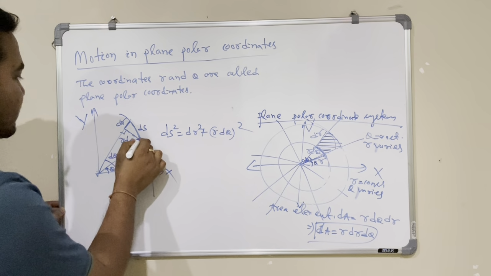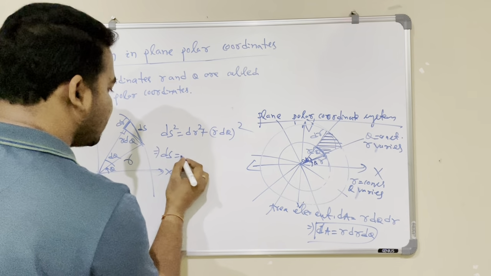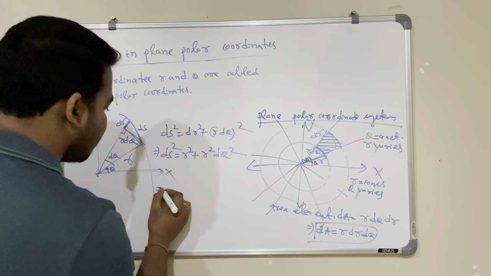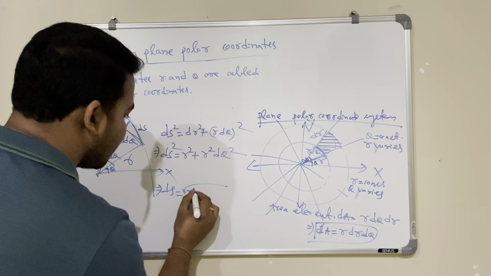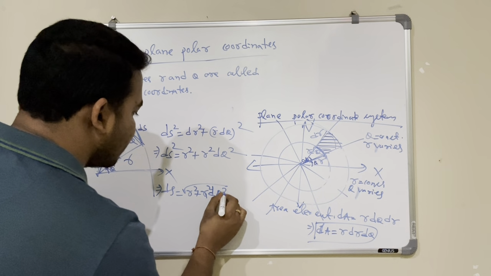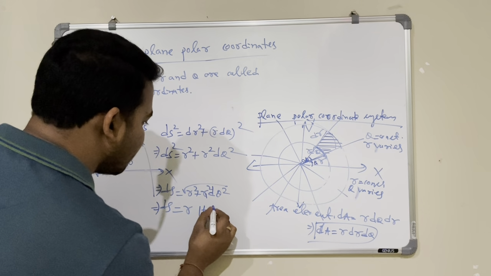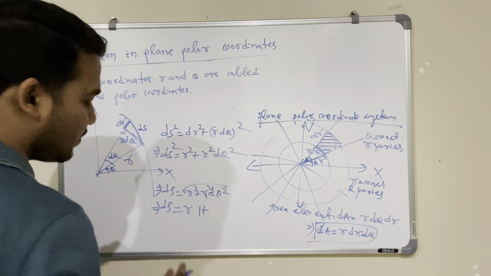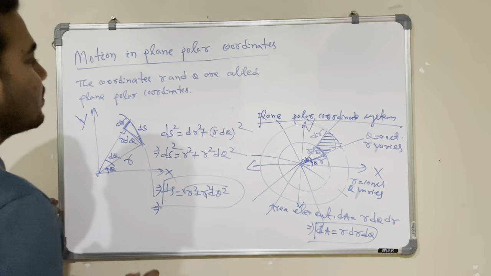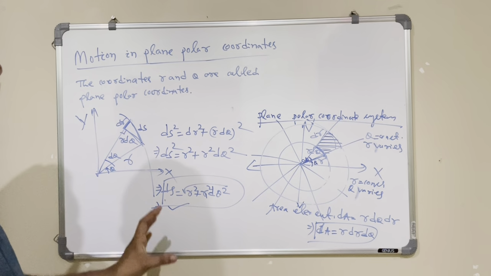So ds is the square root of dr square plus r square d theta square, or we can write ds equals r times the square root of 1 plus d theta square. So this is the arc length element in polar coordinate system.